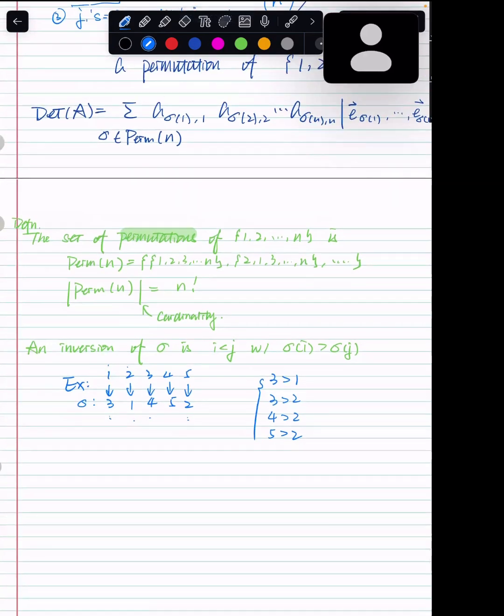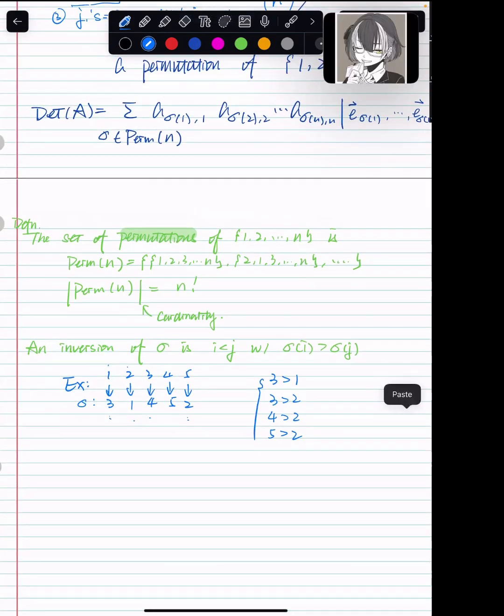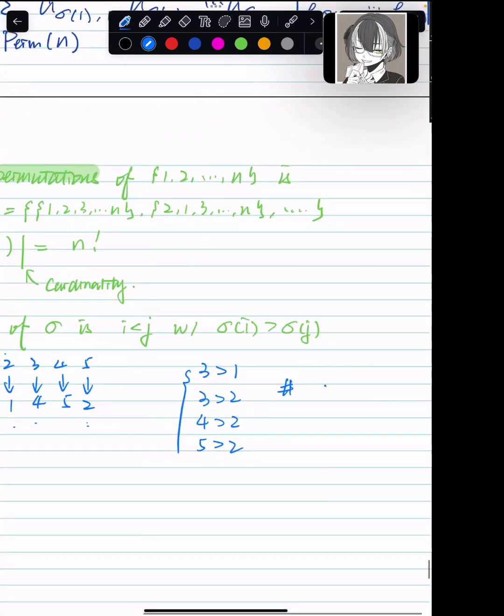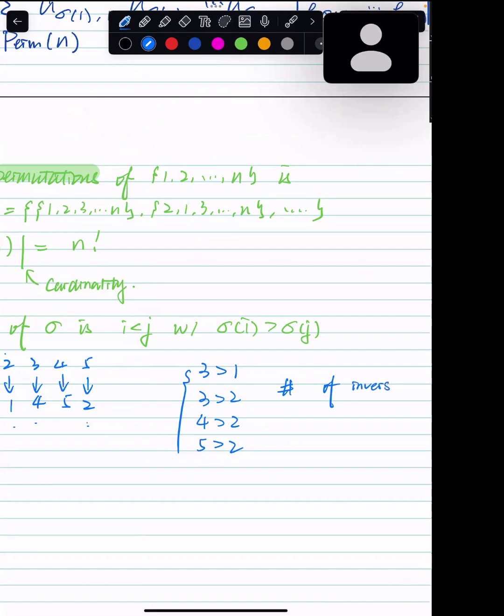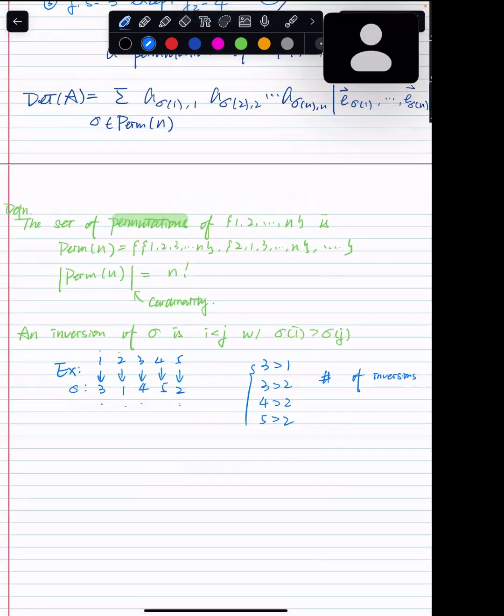All right. So that means the number of inversions in this permutation is 4. So are i and j just the indexes of combinations in perm n? Yes. So in that case, sigma i is 1, 2, 3, 4, 5.